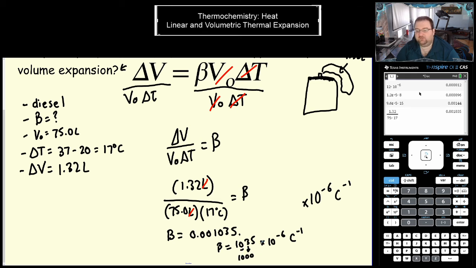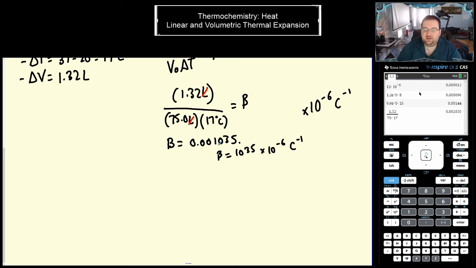And now I'm running into an issue where this looks like it only has 1 sig fig, even though it should have 2. So I'm actually going to scrap this idea of using the times 10 to the negative 6, because it's not really going to be convenient for me here. And instead, I'm going to do my normal scientific notation, putting my decimal place there like it normally would, and counting backwards here.